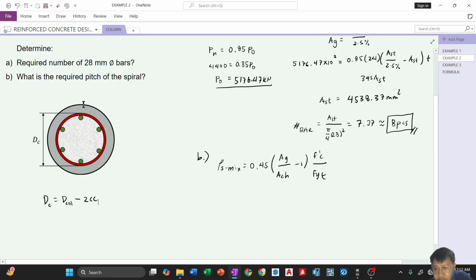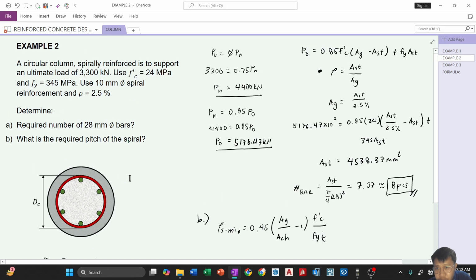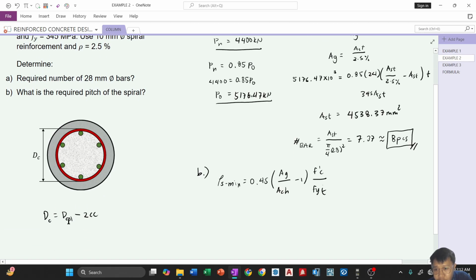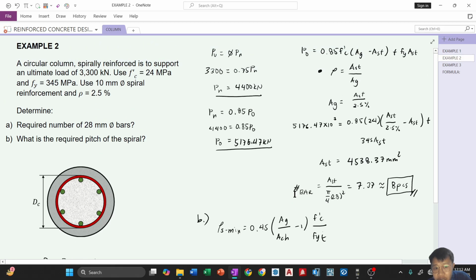Alright? So, dito sa taas at baba, meron kasi tayo ditong concrete cover. And for the column, the minimum concrete cover natin, ang gagamitin natin ay 40 mm. Okay? So, the diameter of the column, wala pa tayong value niyan. We solve first the value of the gross cross-sectional area. Alright? So, balikan natin yung equation natin dito.